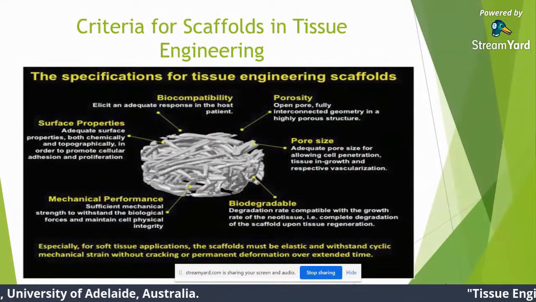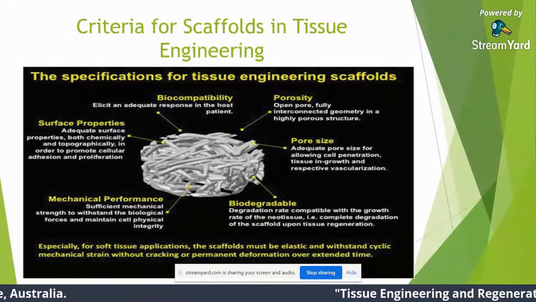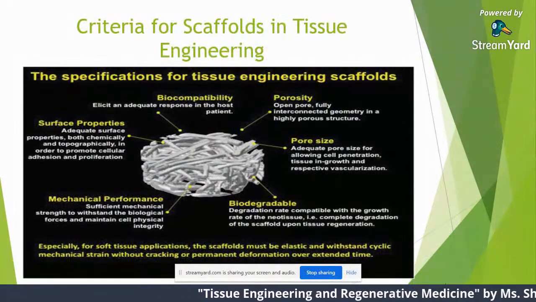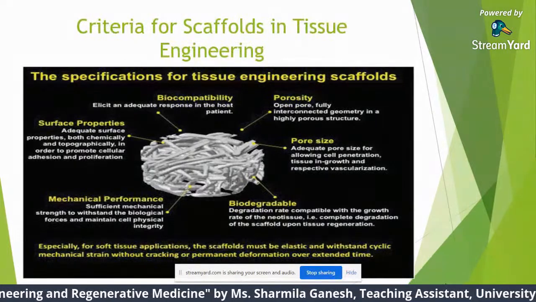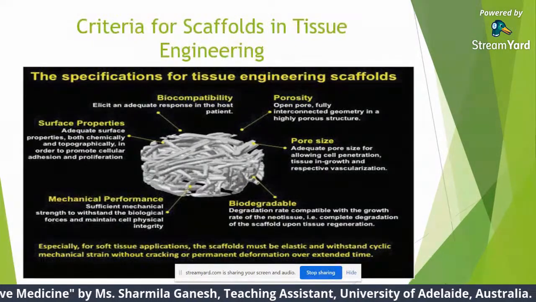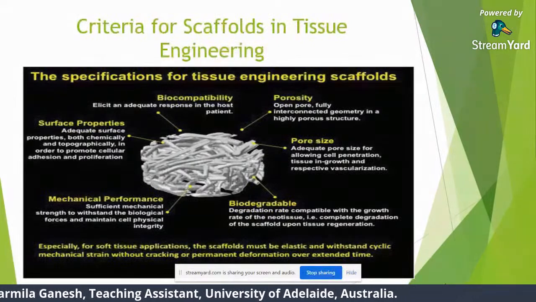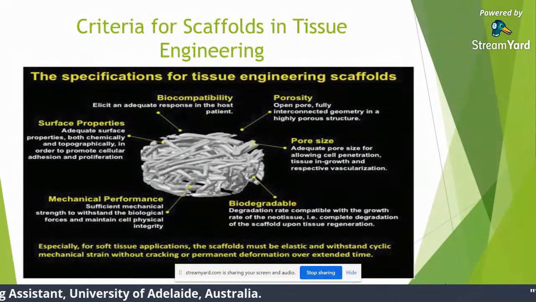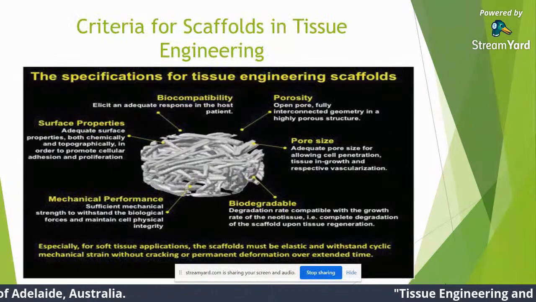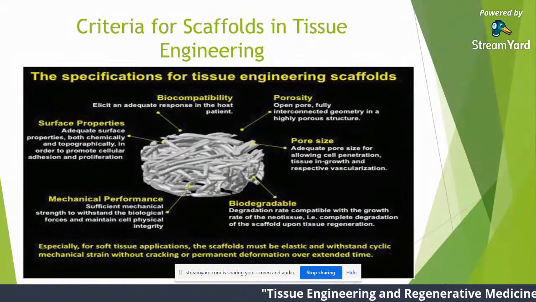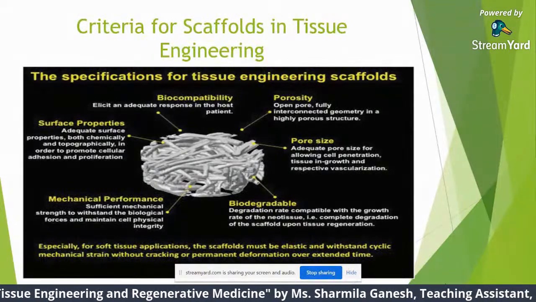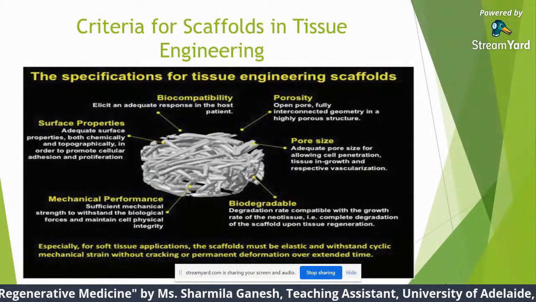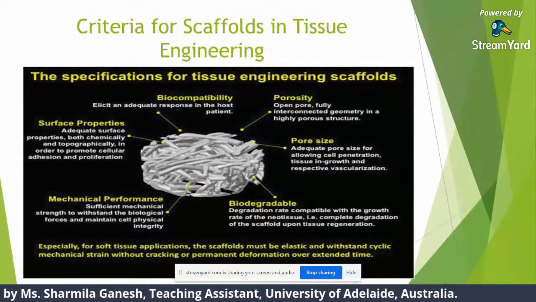That is, they should be interconnected in geometry to ensure a highly porous structure, so that it is easy for the supply of oxygen or signaling molecules, waste removal, and the vascularization process to go on well. And of course, the pore size should be good enough for the cell penetration and vascularization.